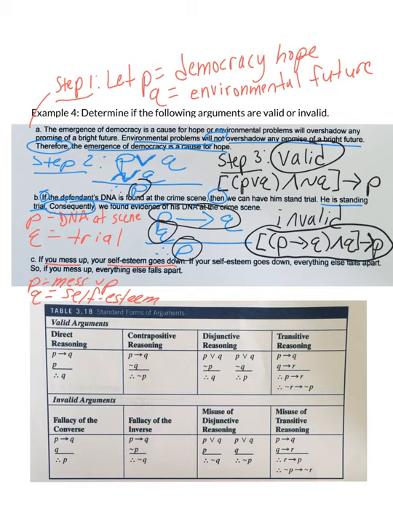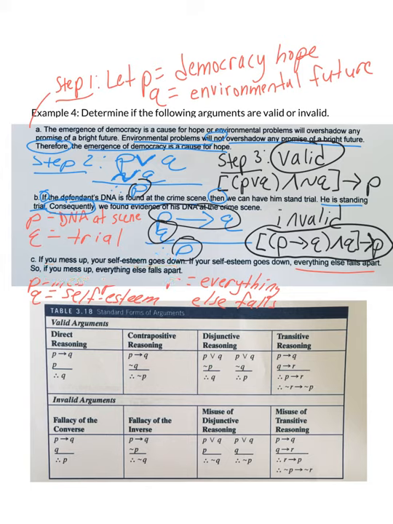The second sentence mentions self-esteem going down again, but there is a third idea, which is everything else falls apart. So R is the everything else falls apart. I'll just write everything else falls to abbreviate it. So there are 3 different ideas mentioned over and over again between the 3 sentences.